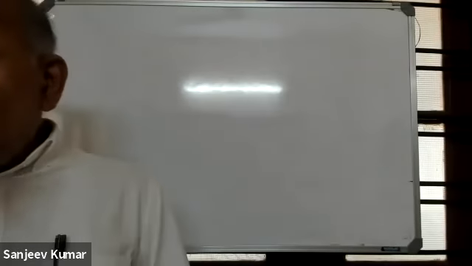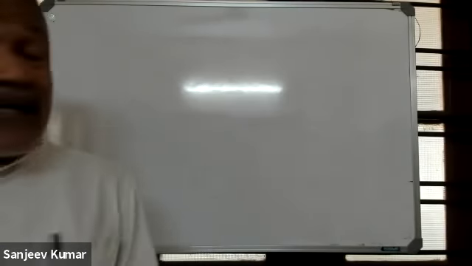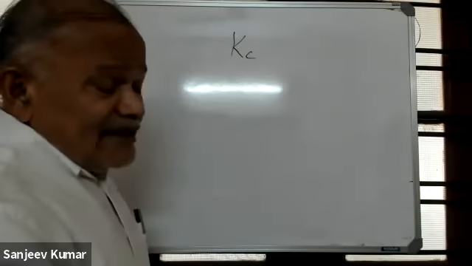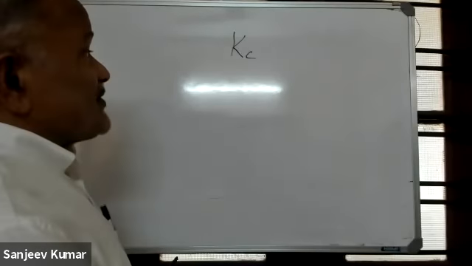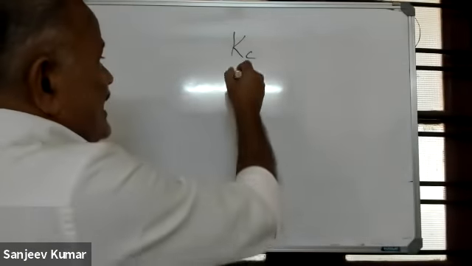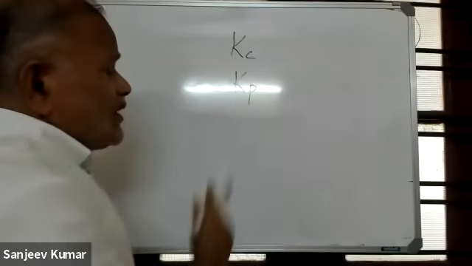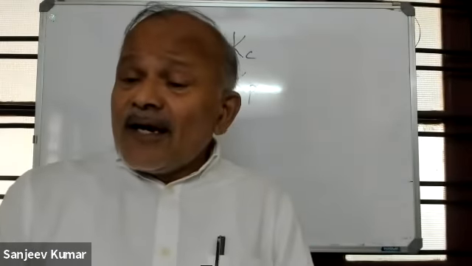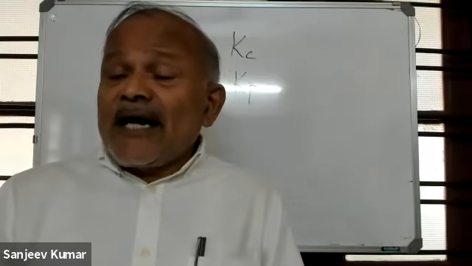Equilibrium constant can be expressed as Kc if the active masses are expressed in molar concentration, and as Kp if the active masses are expressed in partial pressure in atmosphere.